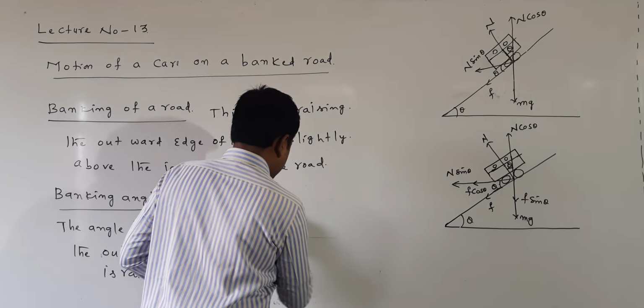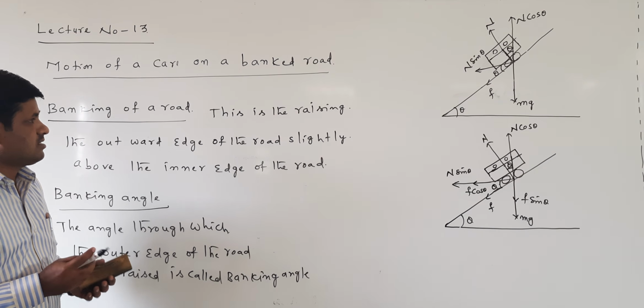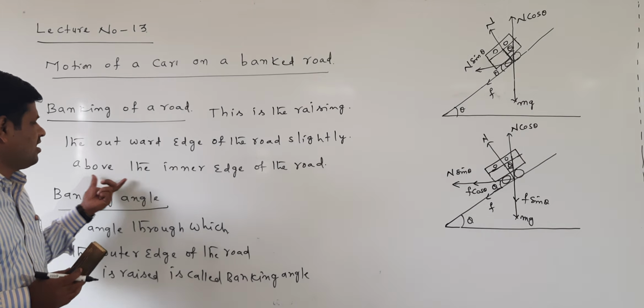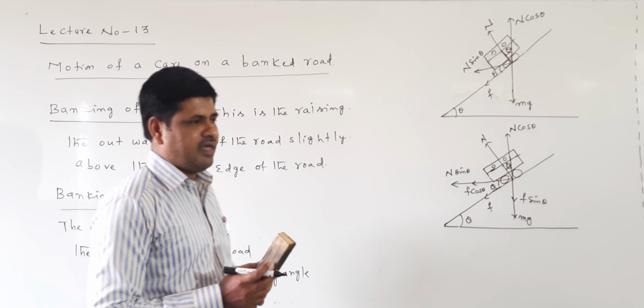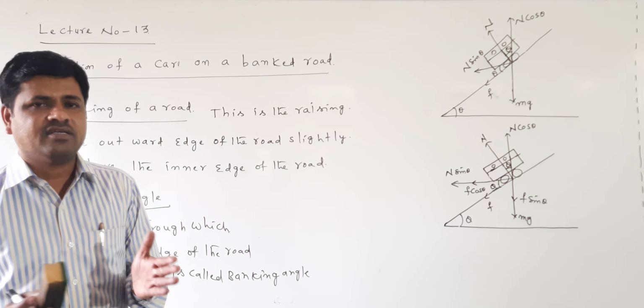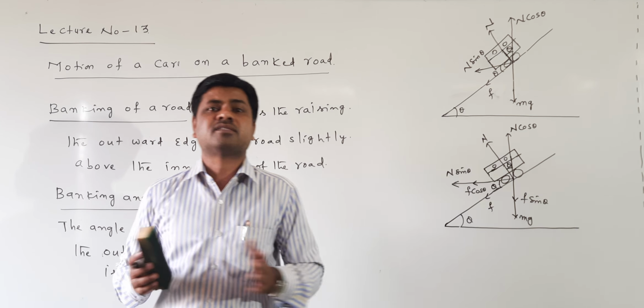Now, this is called banking of the road. Banking of the road means the rising of the outer edge of the road slightly above the inner edge of the road. This is done when constructing roads, in order to avoid the slipping of vehicles on the road.